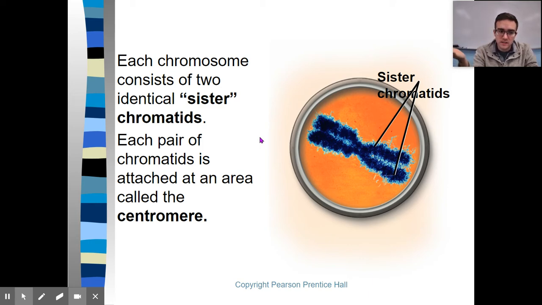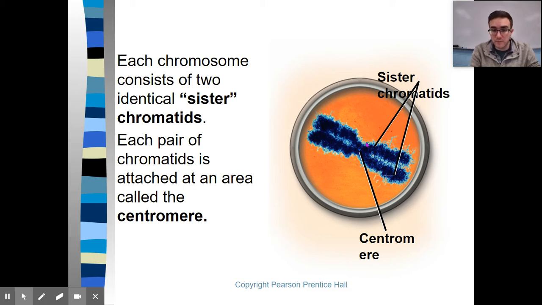So each chromatid is the same, so we call them sister chromatids. And then they're joined in the middle. Well, it's not always in the middle, but they're joined together at the point where the sister chromatids join, kind of like where the X meets, and we call that a centromere. So this middle part here is the centromere of a chromosome.